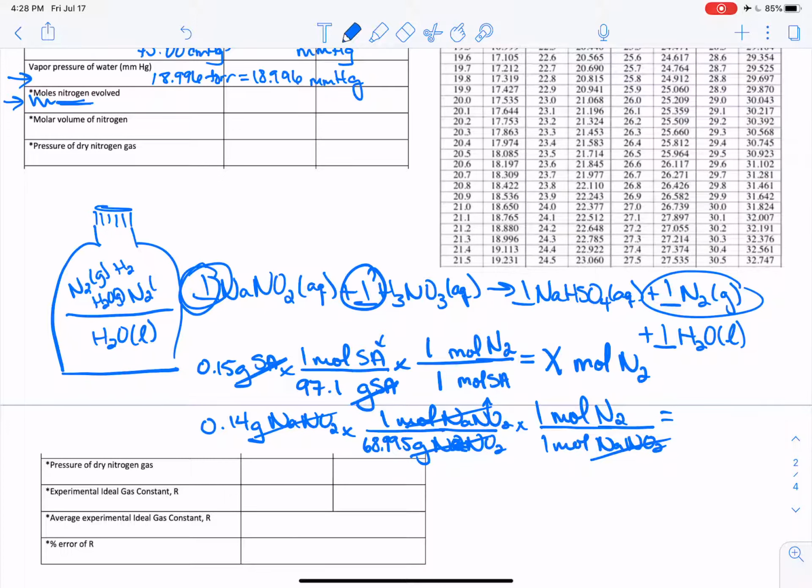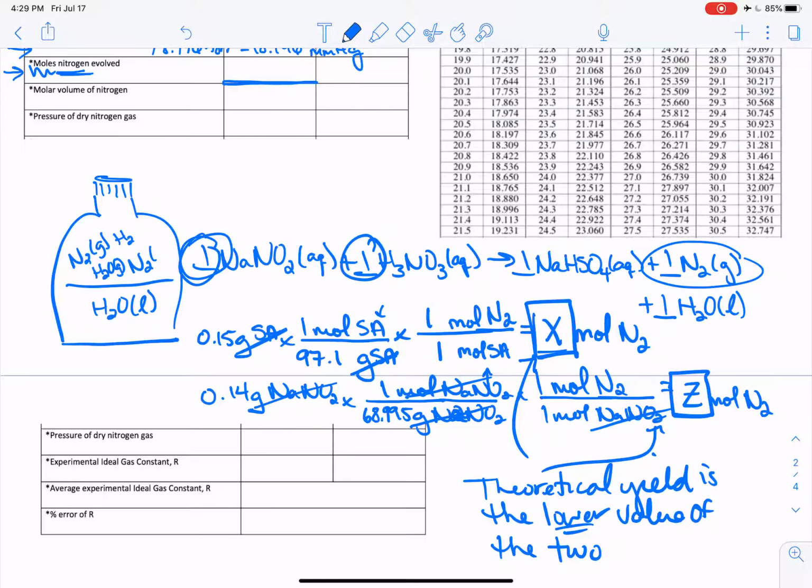Say X was the lower number, then you would put X moles of N2 right here in this box. If Z was the lower number, you'd put Z there.